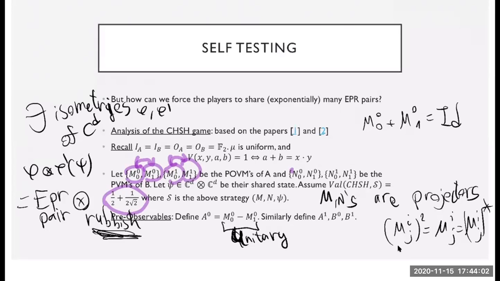So actually, you can deduce from this that M00 times M01 is 0, and vice versa. Okay, so from that fact and the fact that they are projectors, you can deduce that their product is 0, and the fact that they are projectors means that they are self-adjoint. So this A0 is self-adjoint, and A0 squared is just the identity.